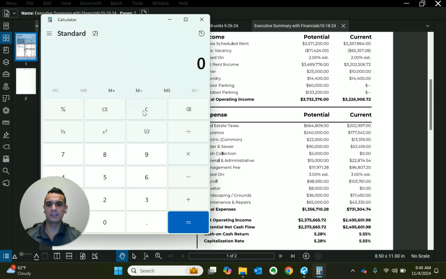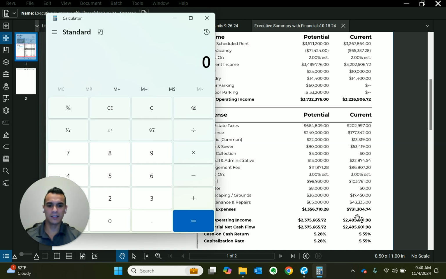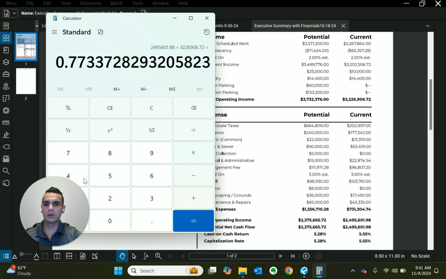Remember, I went through this 60% rule, and how I found this out was putting in the net operating income: 2,495,601.98 divided by the income of 3,226,906.72.